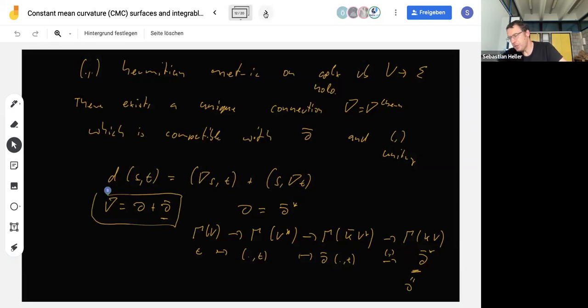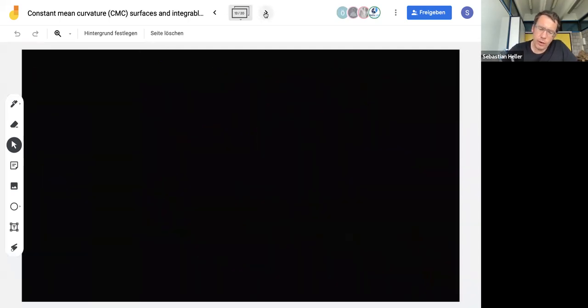And a natural question, at least in our situation, is whether a holomorphic bundle admits a unitary flat connection. And we need that because of the following.